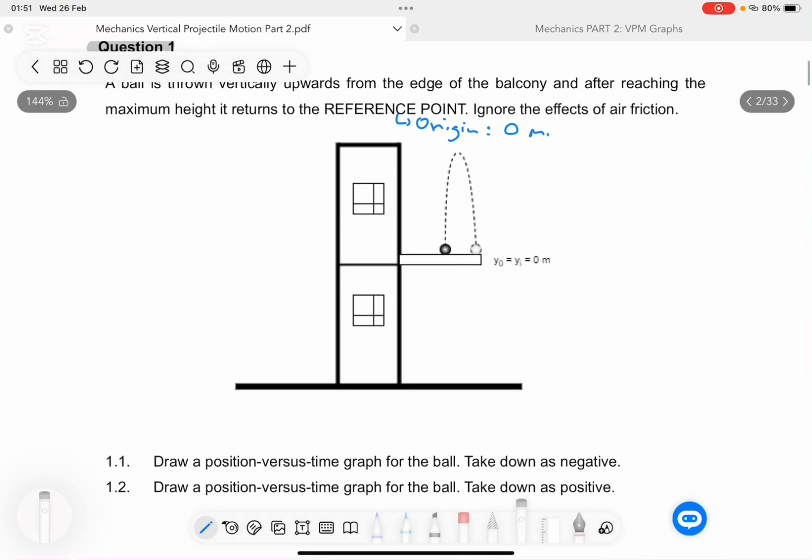Question 1.1 requires us to draw a position versus time graph of the ball. And it further says to take down as negative. Now, to make sense out of this, I'm going to first write my direction here.